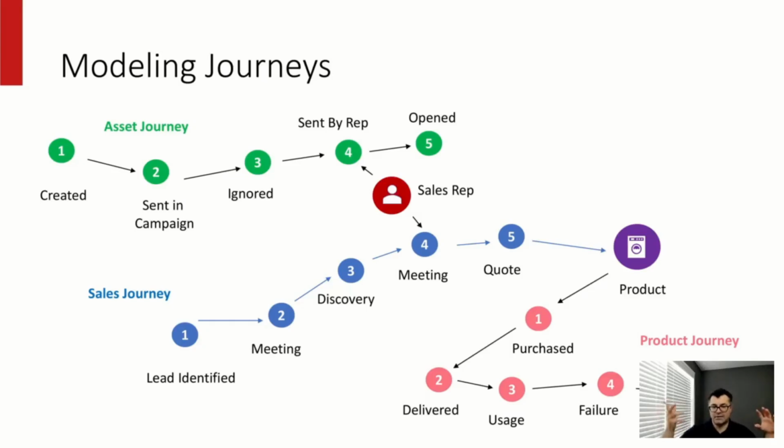And if you start connecting those paths, then suddenly a graph emerges. So the marketing journey might be connected to the sales journey through a sales rep interaction. And so suddenly the dots get connected. This is an aspect where, even without a formal ontology, businesses can drive a lot of value from knowledge graphs.